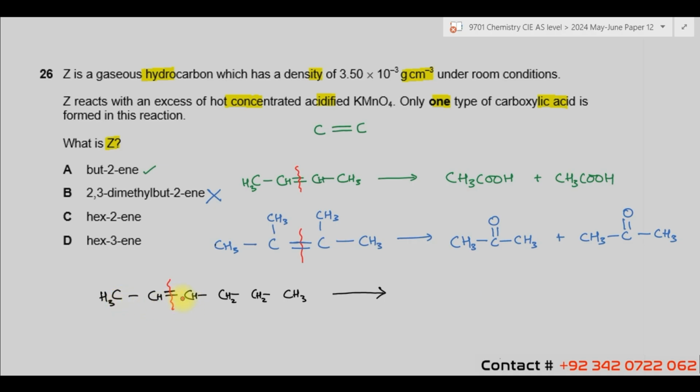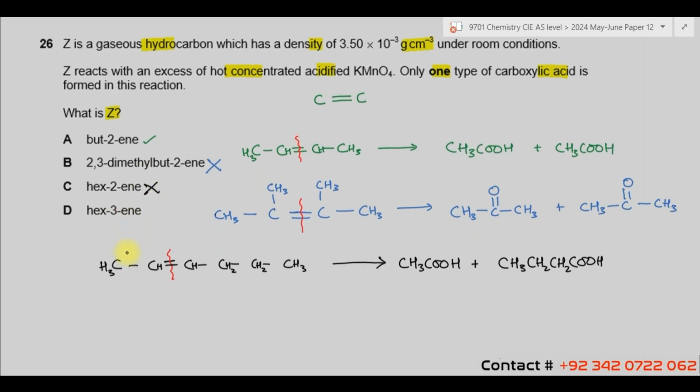This carbon is bonded to a hydrogen and alkyl group, so another carboxylic acid. We have a 2 carbon carboxylic acid on one side and 4 carbon on the other side. So CH3COOH and 4 carbons. So 2 types of carboxylic acids are formed. This is wrong. Next part is hex-3-ene.